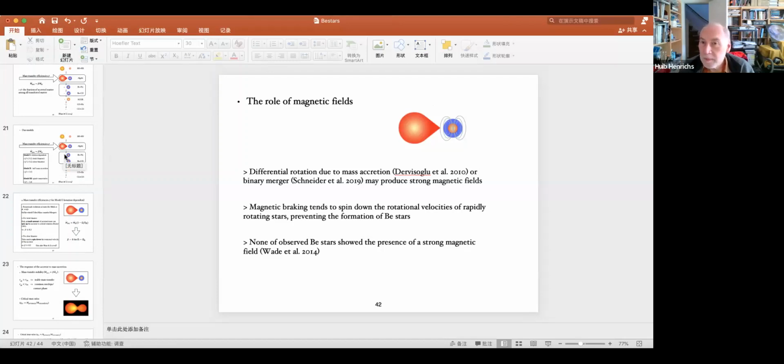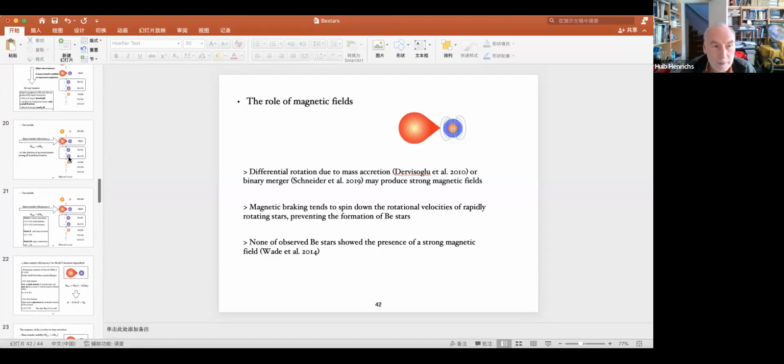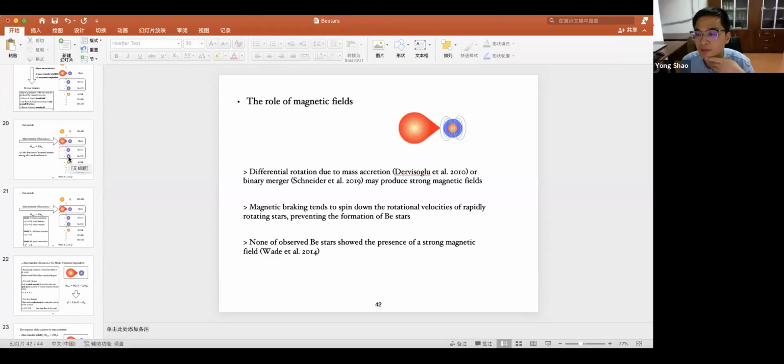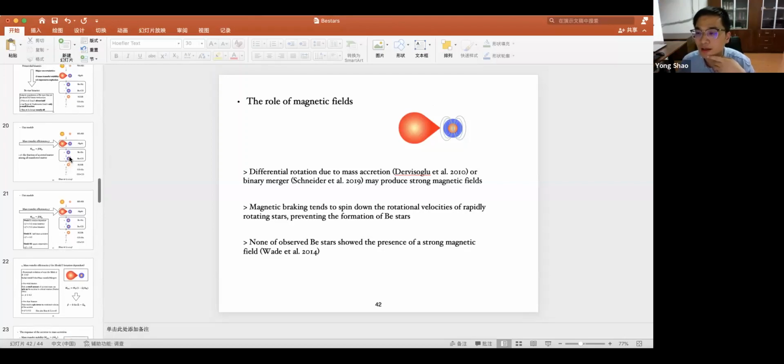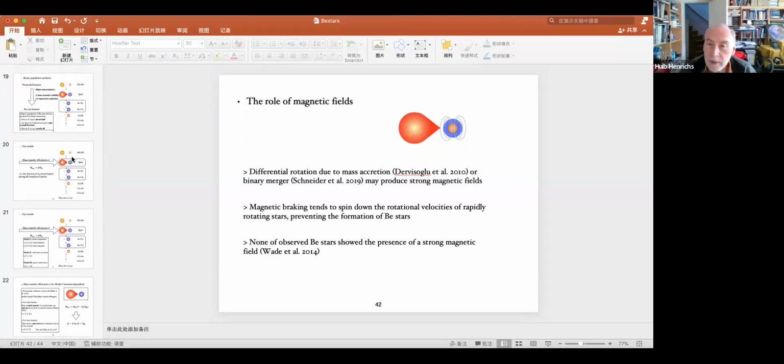Could you comment on that? I mean, you outlined where the rapid rotations come from, but Be stars are found by their H-alpha emission, which appears and disappears. Could you comment on the mechanism why these stars behave like that?